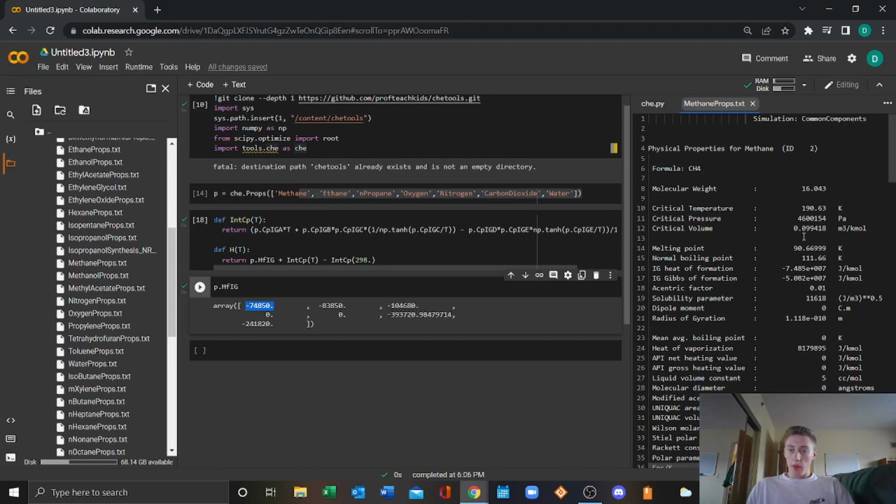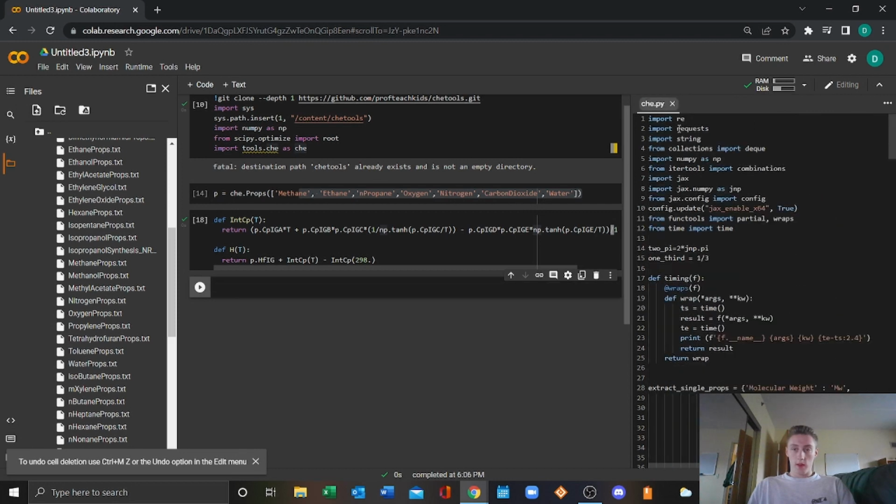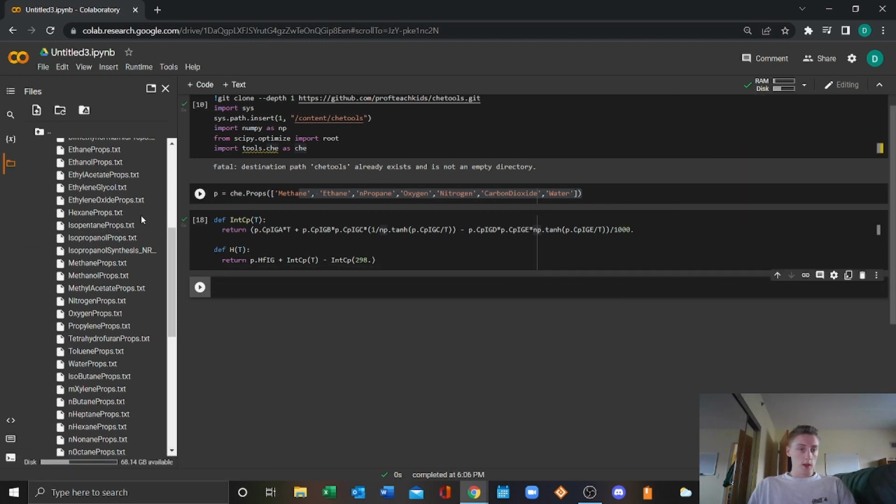Yeah, so if we pull up methane, our heat of formation is in kilojoules per mole, and then this is in just joules per mole. So we need to divide this by 1,000 to get it into units that match up nicely. That's all I wanted to do with that.